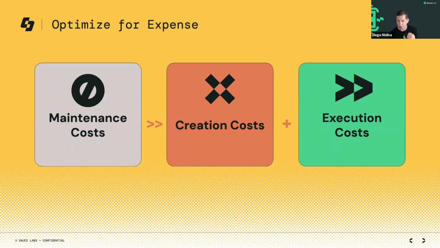Still, the cost of creating a test is very low, because you just write it once and then execute it. But over time, the cost of maintaining those tests is very, very high. That's something that takes time. Yes, creation is costly, but in the long term, maintenance overruns those costs by a large extent.